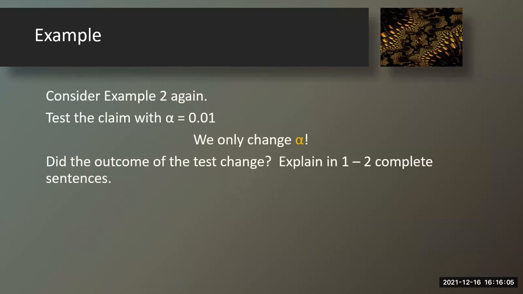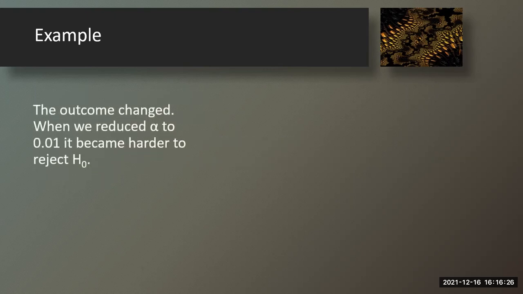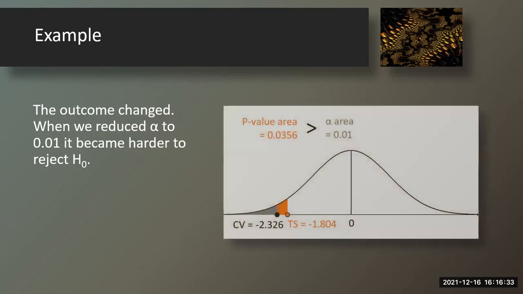Now, that brings up the question, though, what happens if we change the alpha? I mean, alpha is brought to the problem by the researcher. If we consider that example again, and we test the claim with alpha equals 0.01, did the outcome change? Well, the outcome was changed, because when we reduced alpha to 0.01, it became harder to reject the null hypothesis.